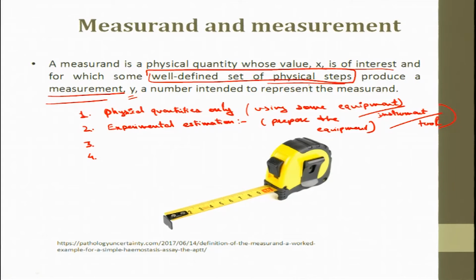So, next point here is measurement determines a value. This was actually the basic definition, steps to produce a measurement y. This value y has to be determined using measurements.